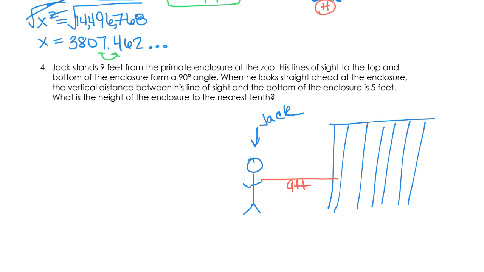It says that the vertical distance between his line of sight and the bottom of the enclosure, so maybe I should have put that line a little bit further up, is 5 feet.